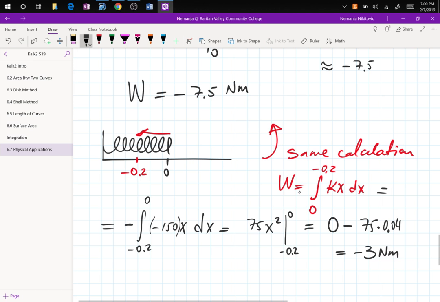So you either do that or you do these limits opposite. So the limits need to be, if you're going to use, well, no, they were good this way. But if you're using negative 150, then you have to flop the limits. If you're using positive 150, then you use these limits and the negative comes from there. So, yeah.